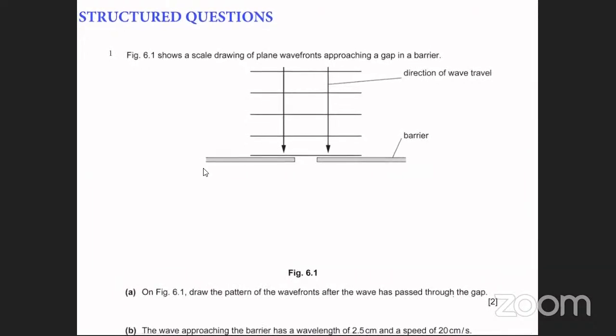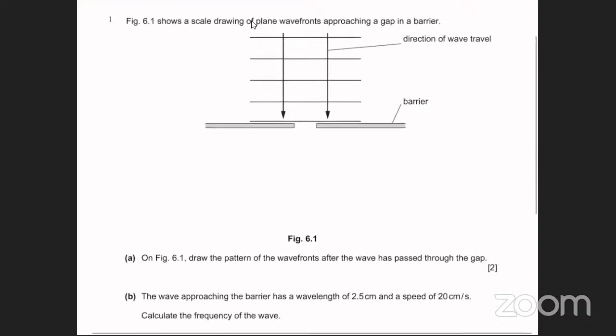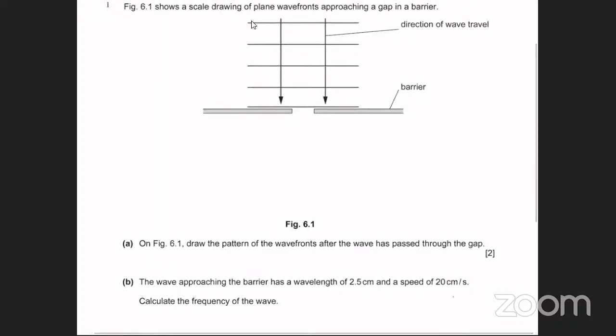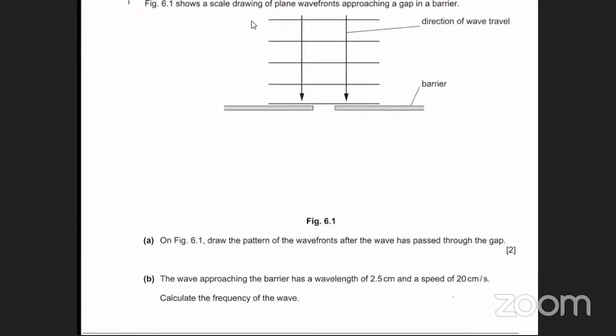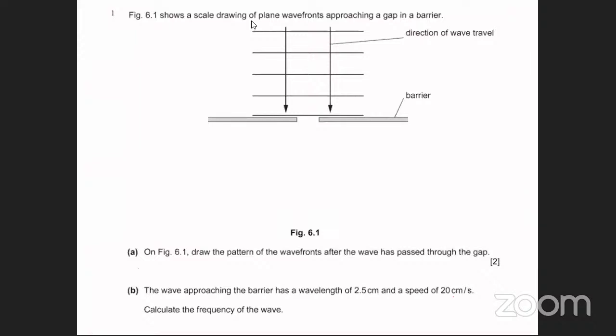Number 1 says figure 6.1 shows a scale drawing of plane wave fronts approaching a gap in a barrier. You have the direction of wave travel and the barrier there. Part A asks you to draw the pattern of the wave fronts after the wave has passed through the gap. That is 2 marks.